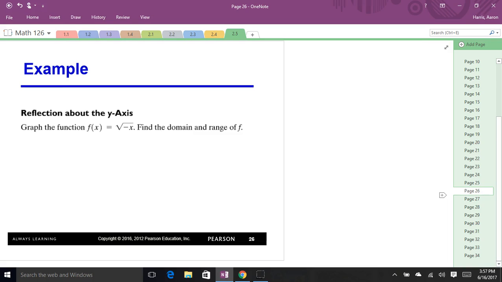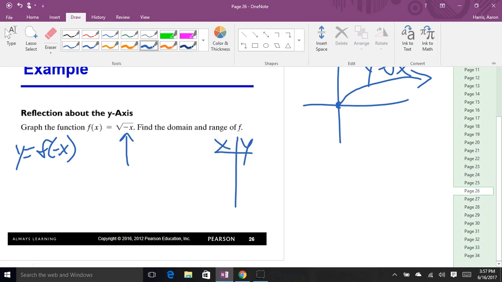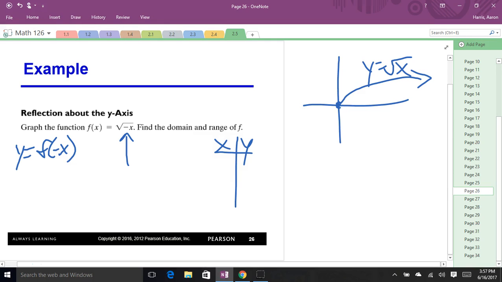There's the generalization of the reflection about the x-axis. Now if you put a negative inside, so you do a composition, replace x with negative x in the original. Here's the original square root of x function. Now if you put it inside and start graphing this, let's plot a few points. Throw in 0, square root of 0 is 0.